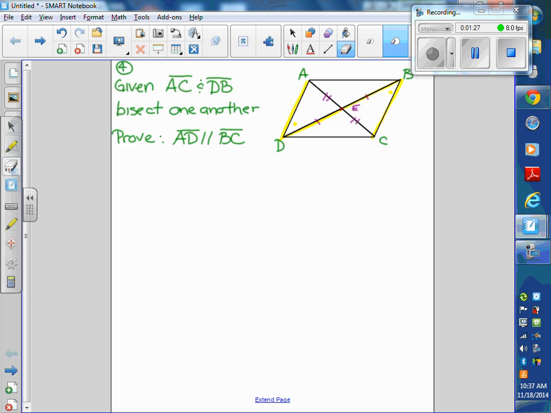Okay, so the goal is, in order to get parallel lines, we need to have somewhere in our proof 3 congruent statements, then a congruent triangle statement, then we're going to have the parts congruent, which in this case, I need angle ADB to be congruent to angle BCD.